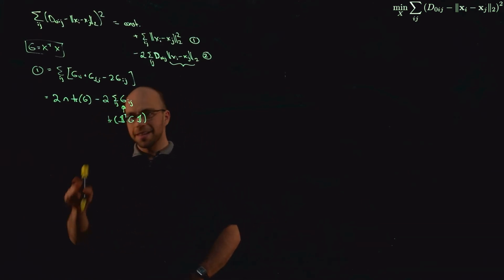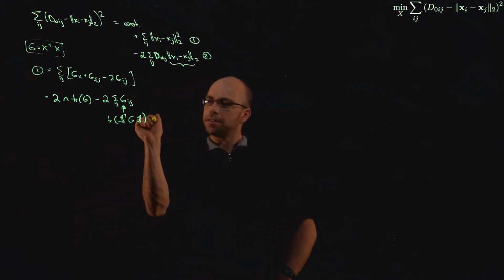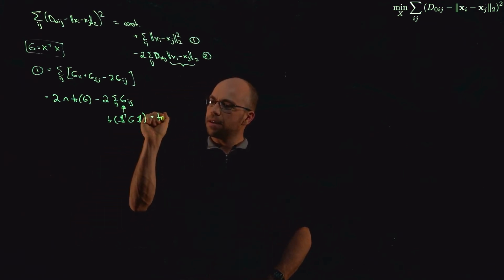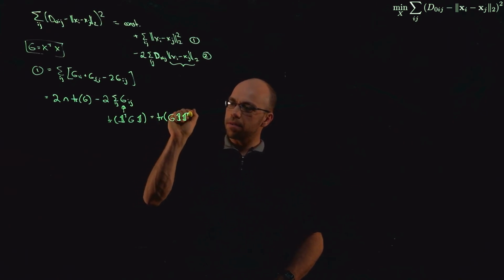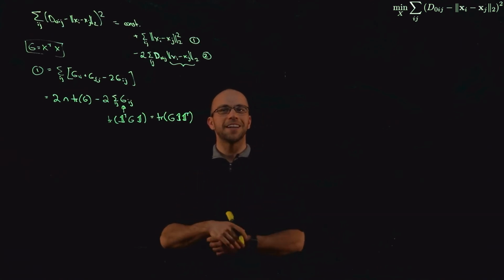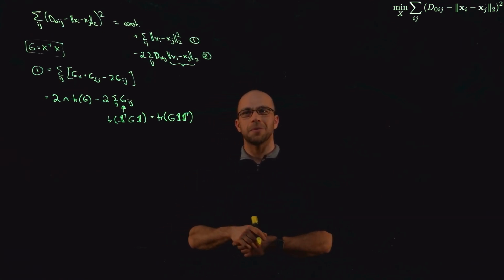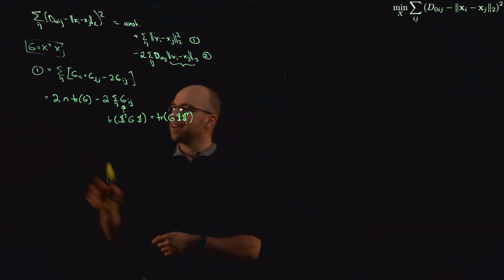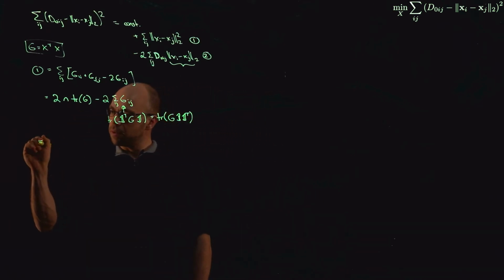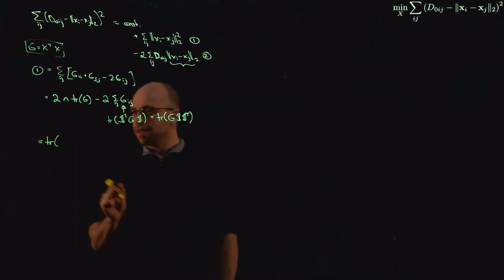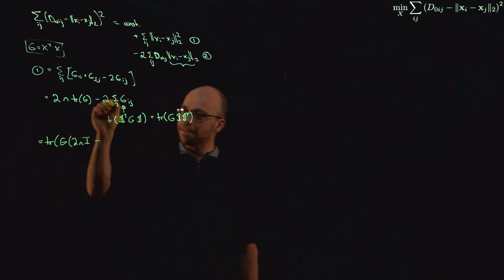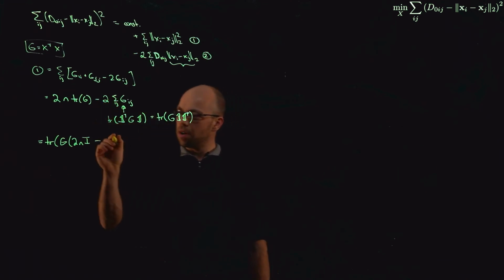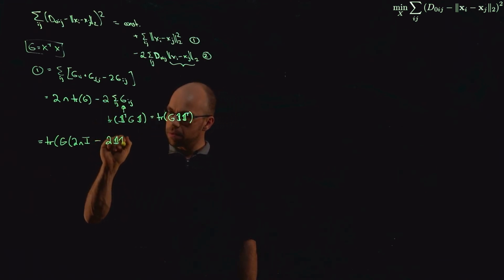And that is the same thing, just by the trace cycle property, as the trace of G 1 1 transpose. So far I haven't done anything too exciting. These are just different trace properties. But now I can combine these 2 terms. So this is equal to the trace of G times, well, we have 2nI minus 2 times 1 1 transpose.